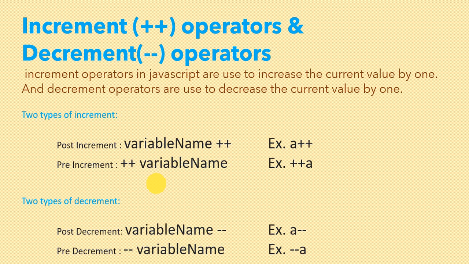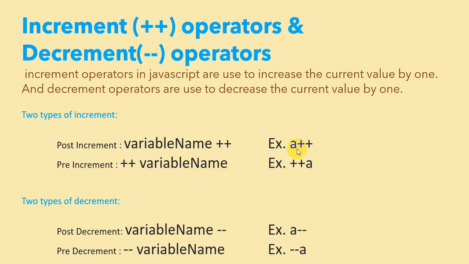So if you are using post, for example, the value of a is 10 and you are writing a plus plus. Here the value will increase by 1, but first it will display the value of a, after that it will increase.